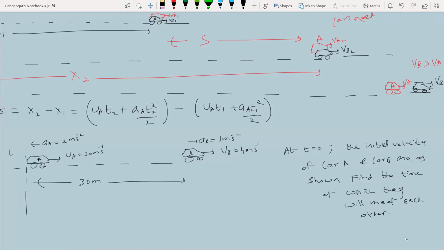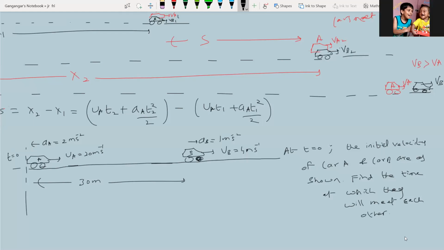Carefully now, you have to be a little bit alert. Okay, there's a road. Start writing the equation.